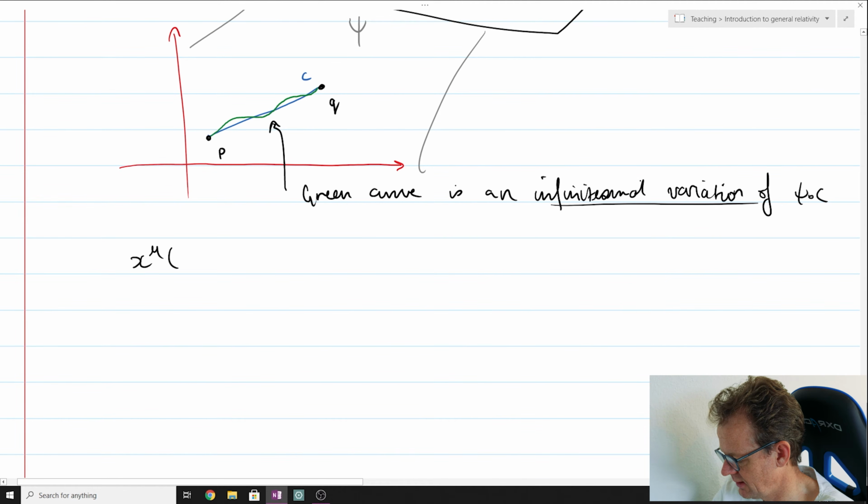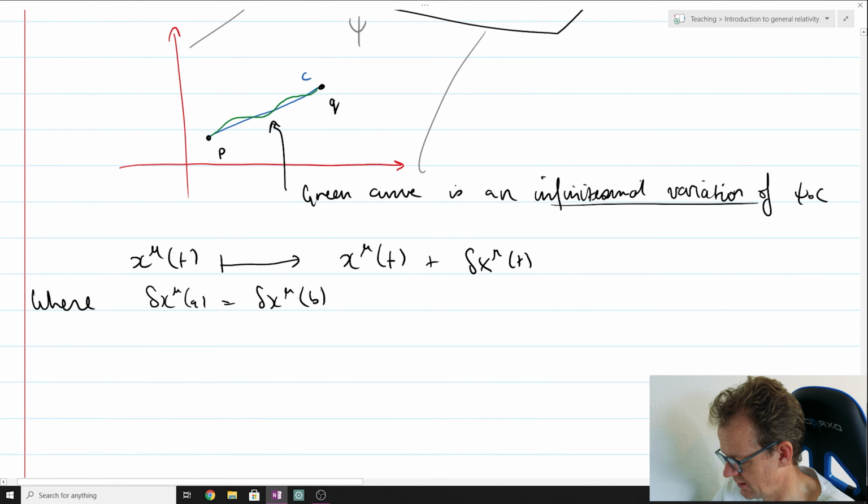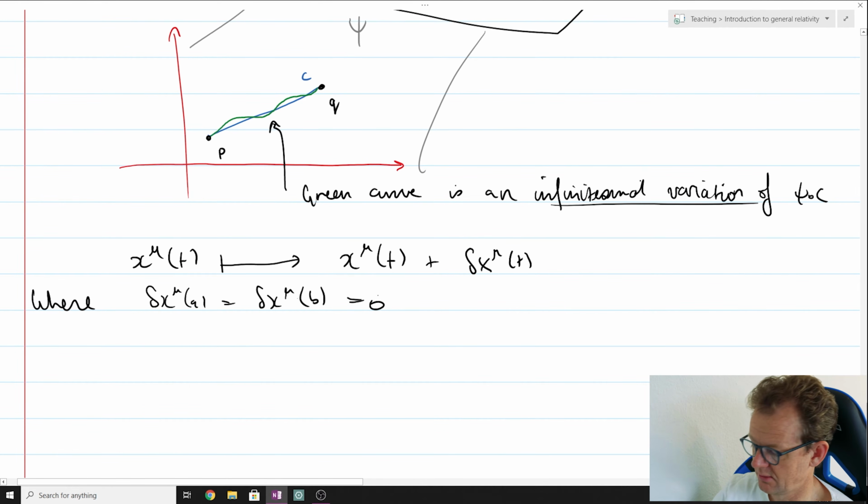That means that the trajectory in our chart of our geodesic is varied to a different trajectory, namely x mu plus some little teeny infinitesimal variation, which is the thing I've drawn in green. And we demand that the variation δx mu at the endpoints, δx mu at a equals δx mu at b, is zero. We're not going to vary the curve at the endpoints. We're only going to vary it along the length of the curve, but not at its endpoints.